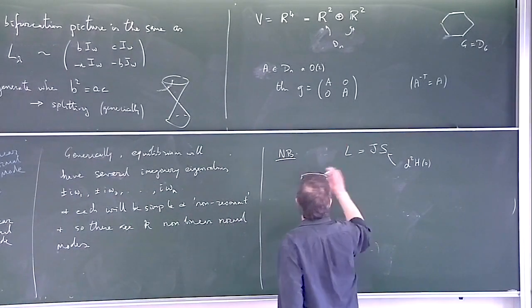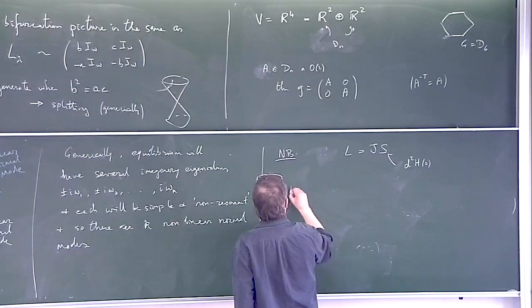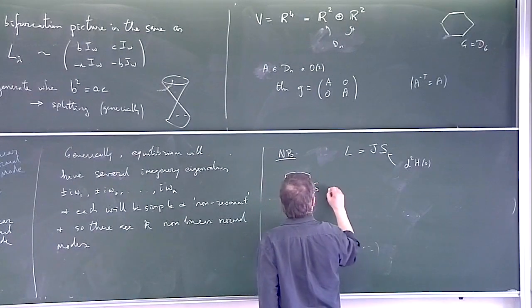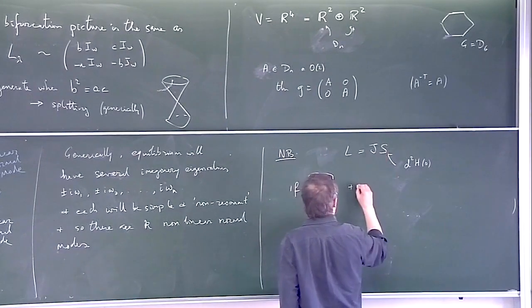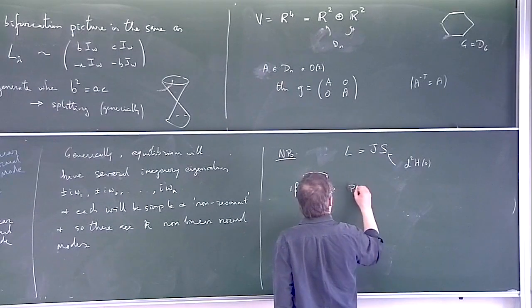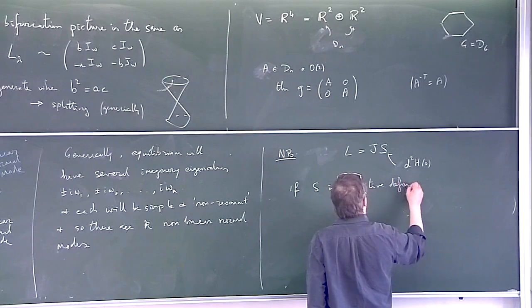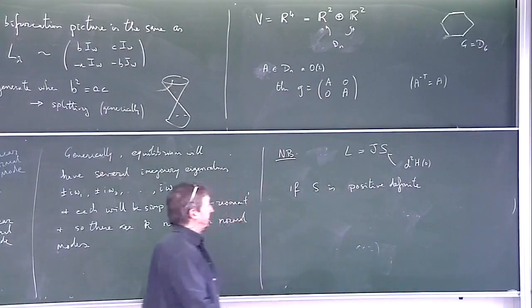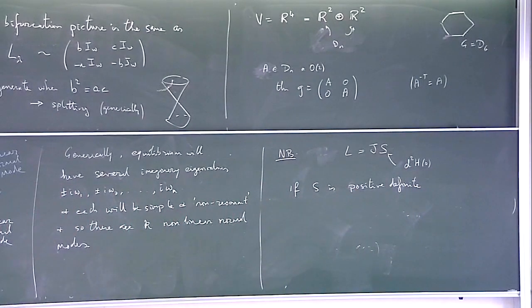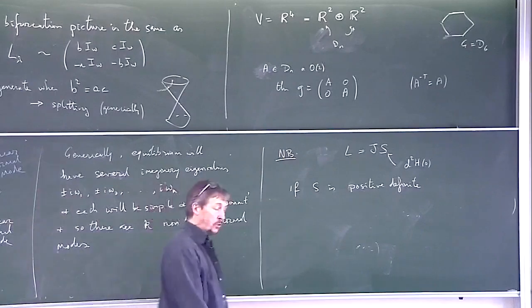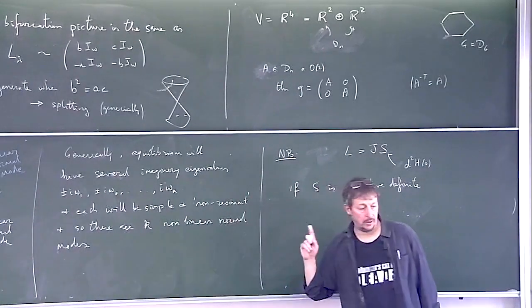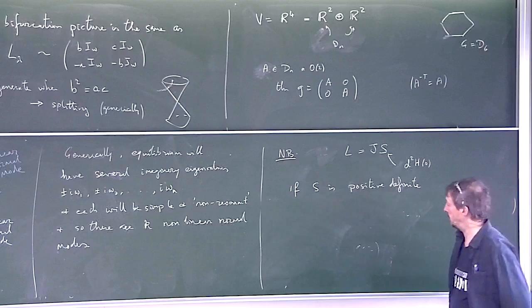If the Hessian is positive definite, that was the condition, the Lagrange-Dirichlet condition for stability.